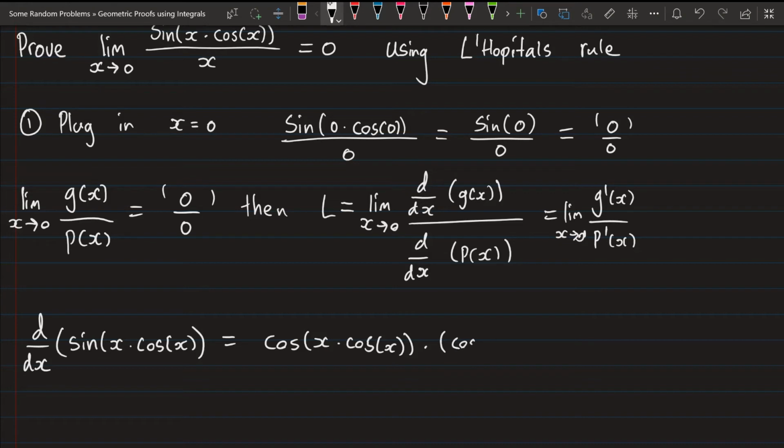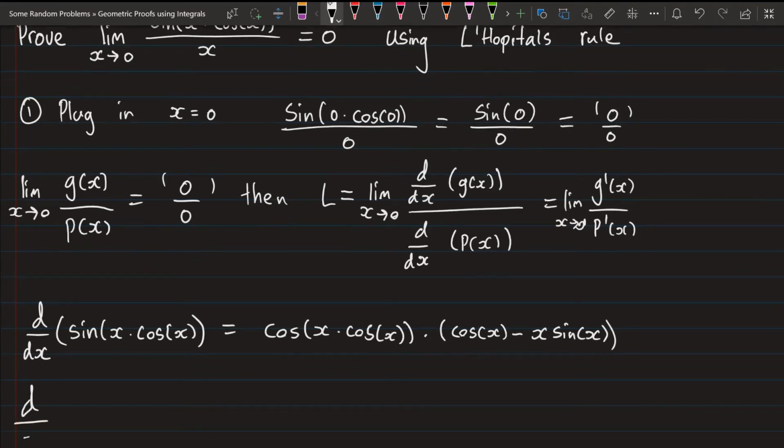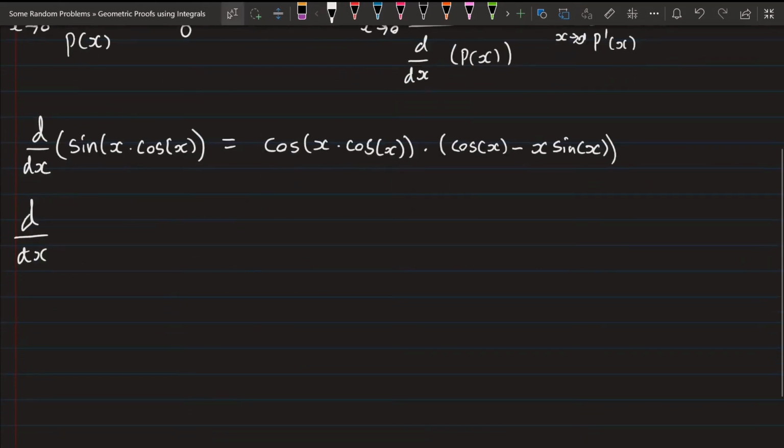We get cos of x plus the derivative of the second thing. That's going to become a minus because the derivative of cosine x is negative sine, so we get negative x sine x. And that's going to be all over the derivative. Well, let's get to that. d dx of x is 1.